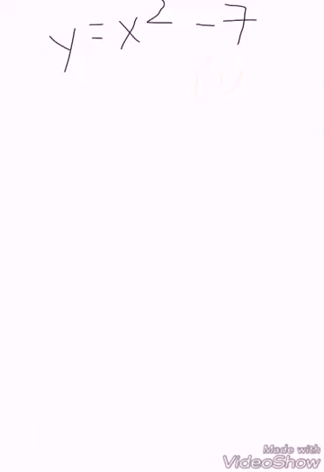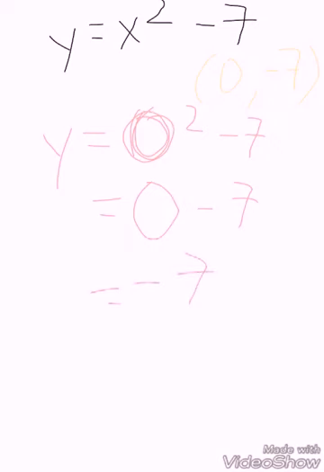Next, 0, we're going to write 0 and negative 7. We're going to substitute them. y equals 0 squared minus 7. So 0 times 0 is 0, minus 7. And the answer is 0 minus 7 is negative 7, which corresponds to this one.